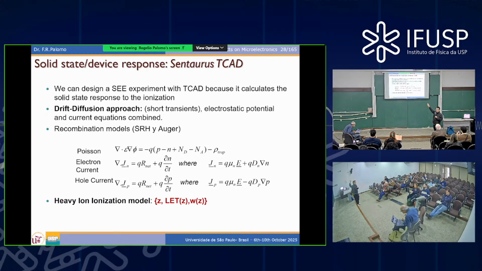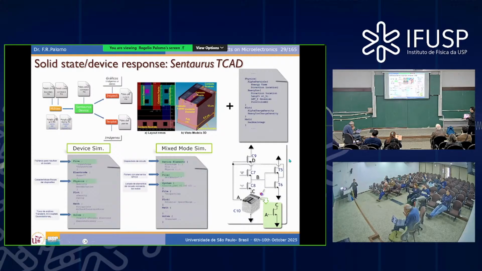There are other models, and they solve those equations in the geometry of the model by meshing the device and using finite element analysis. So basically, it's a kind of hydrodynamic model. For what? For having a heavy ion ionization model with all the details at the level of the solid state. It's complicated. I showed you the final result of this work last Wednesday, but I will not elaborate.